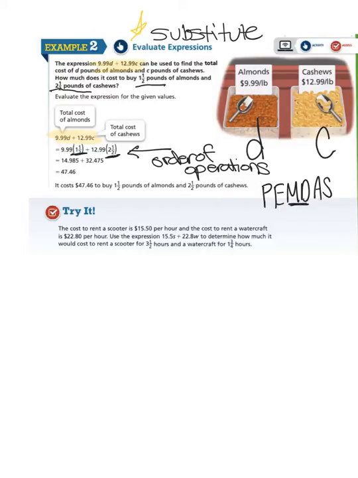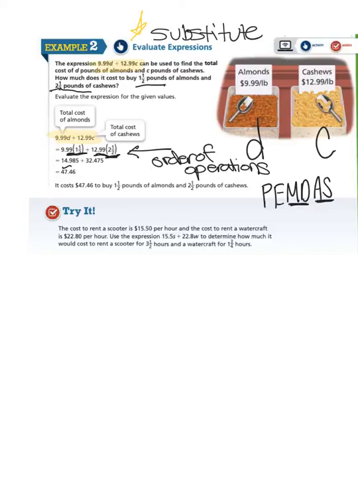Remember, multiplication and division goes left to right, whichever comes first. Addition and subtraction goes left to right, whichever comes first. So, we're first going to multiply, and we're going to take 9.99 times 1.5, which gives us 14.985. Then we're going to multiply in our calculator 12.99 times 2.5.